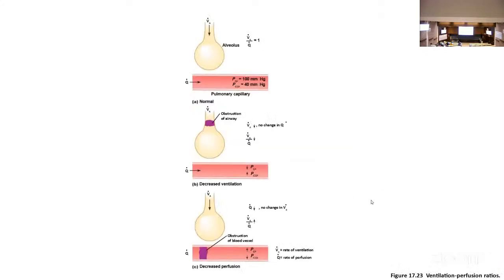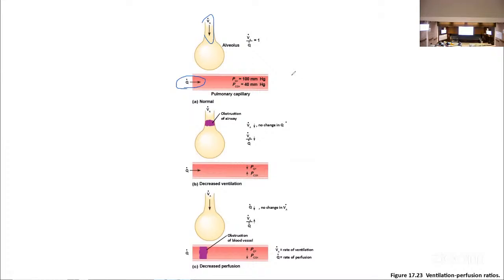Okay. So here's what this looks like. Here's our ventilation, our air coming in. Here's our Q, our perfusion, that rate of blood flow going past. So we know that under normal conditions we are coming to equilibrium and creating a partial pressure in both the alveolus and the blood of 100 millimeters of mercury if we're looking at partial pressure of oxygen, and 40 if we're looking at carbon dioxide.